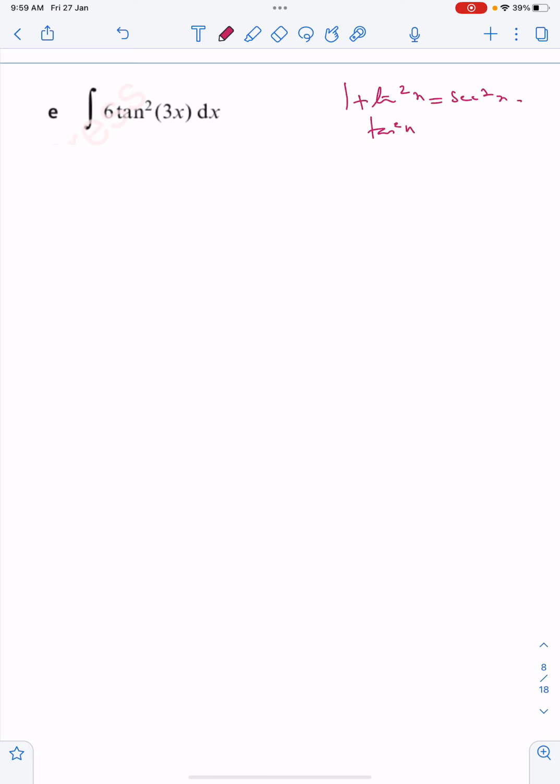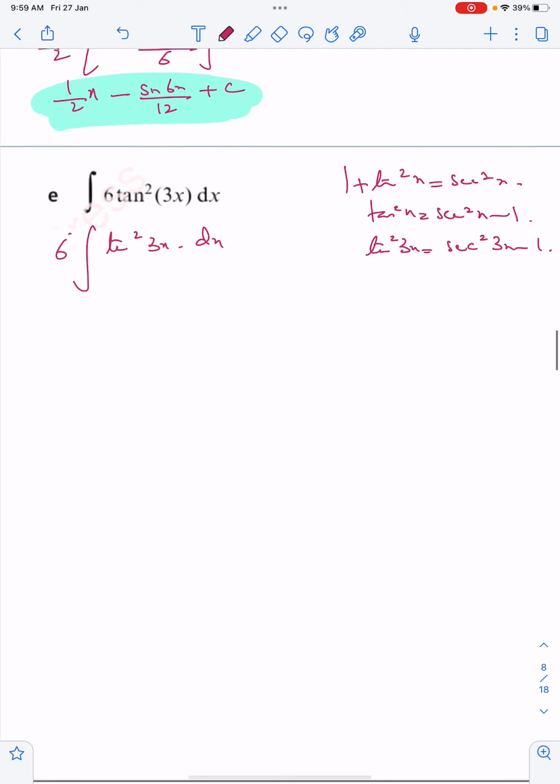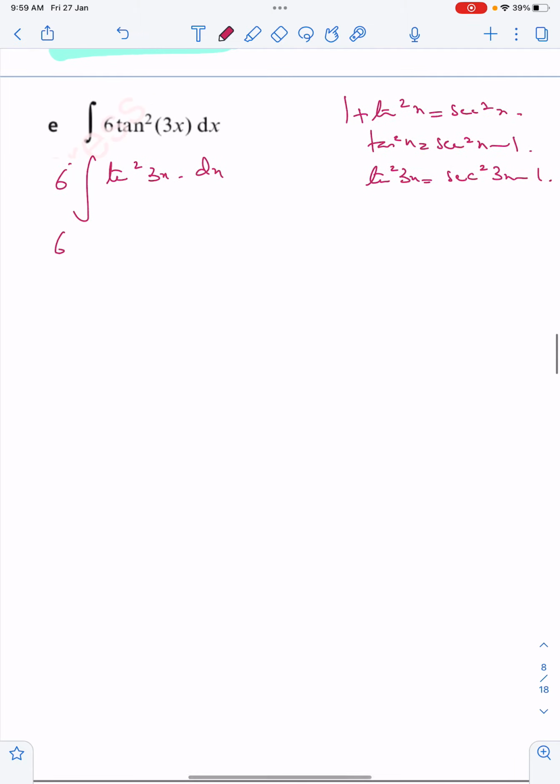Okay, I'm taking 6 outside. I'm writing tan square 3x here dx. Now if I want to multiply this by 3, I will have to multiply this also by 3. So tan square 3x is going to be sec square 3x minus 1. So in place of tan square 3x, I'm writing sec square 3x minus 1 dx.